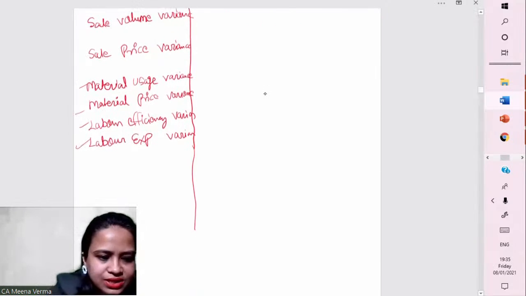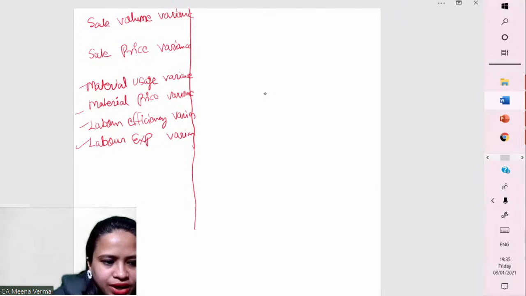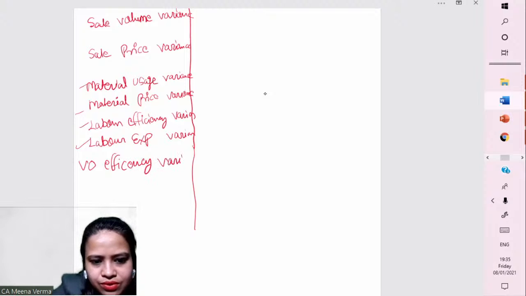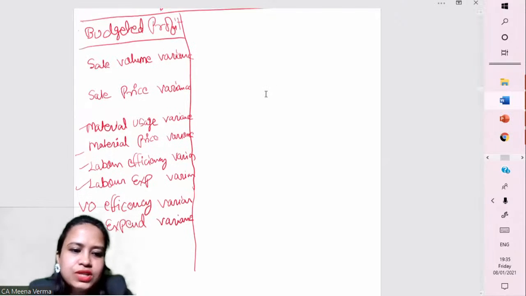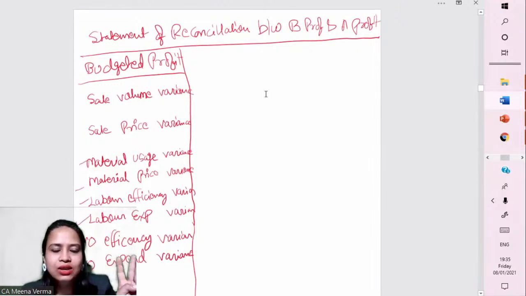Now you can easily calculate these values: material quantity variance, material price variance, labor efficiency variance, labor expenditure variance. It is very easy for you to calculate these things. Then variable overhead efficiency variance, then variable overhead expenditure variance. In the previous question, we just had to consider the sale, variable cost and fixed cost.